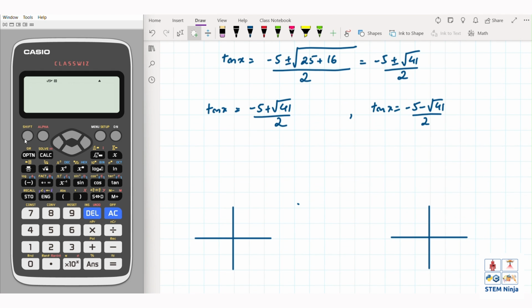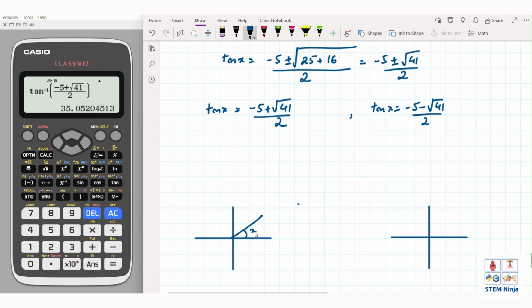So when we plug this in, tan inverse of minus 5 plus root 41 divided by 2, one angle is 35.05 degrees. And tan is also positive in the third quadrant, but we don't want the third quadrant. We only need the first quadrant.